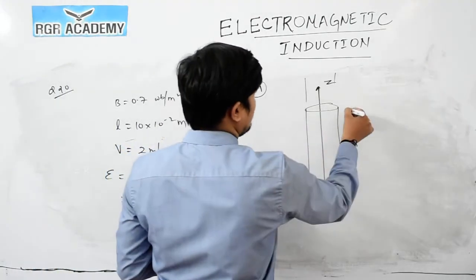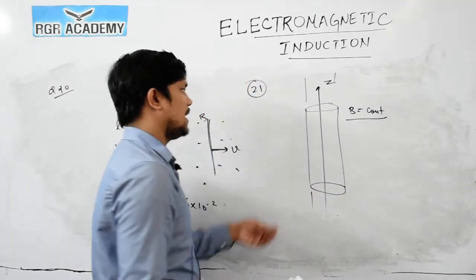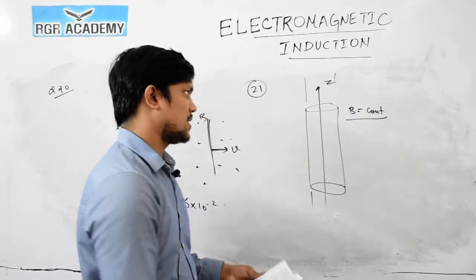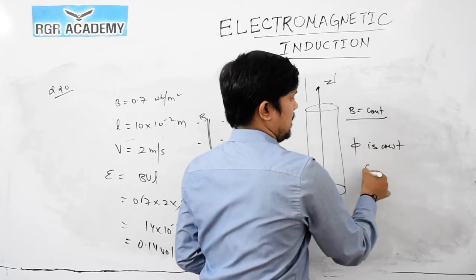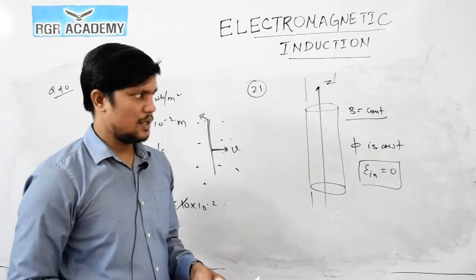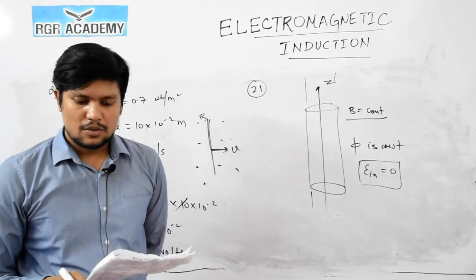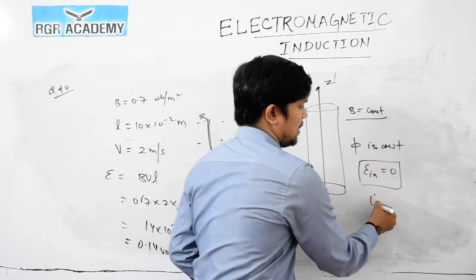B is uniform means B is constant. If B is constant, area is also not changing. So flux is constant, and the induced EMF will be 0. No EMF will be induced because flux is constant. So the answer is 0. If no EMF is induced, the current induced is 0.